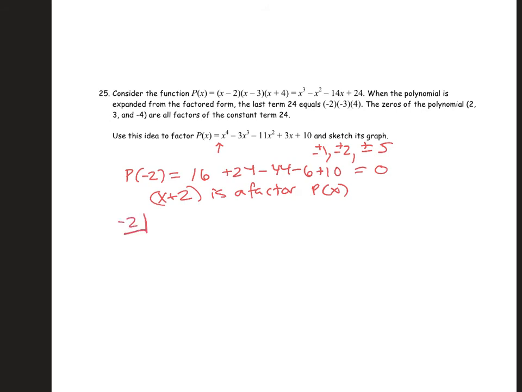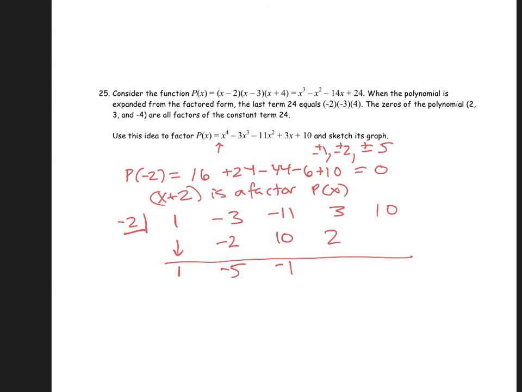I'm going to do this using synthetic division because I have a divisor of the form x minus c. So I've got my -2 as my c value, and then I'm going to put the coefficients of the dividend, which is my polynomial, 3 and 10. Bring down the 1 and multiply and add.